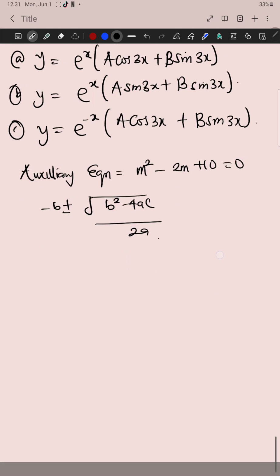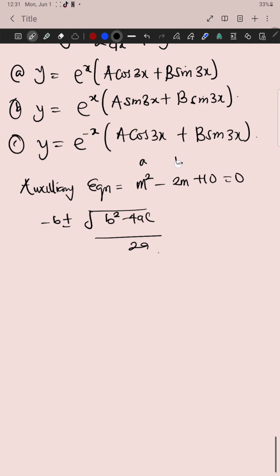So this is a, b, and c. Minus times minus is plus. So 2 plus or minus the square root of 4 minus 40.